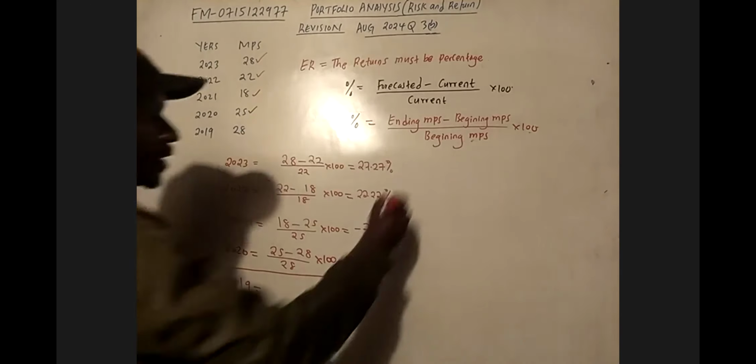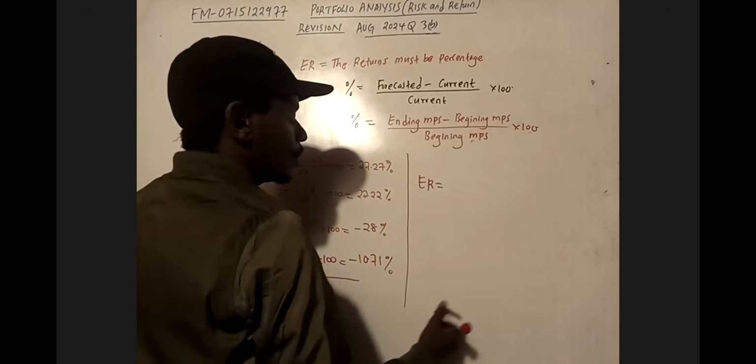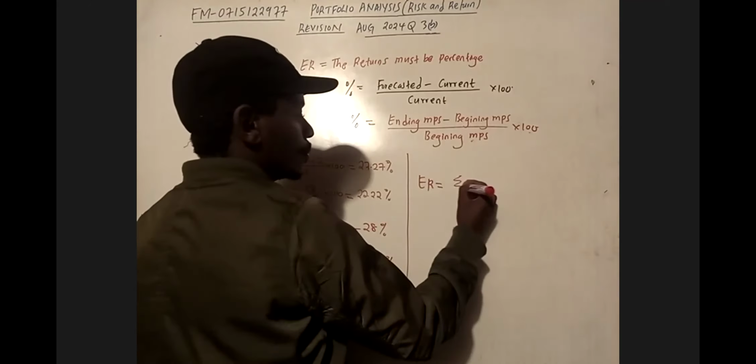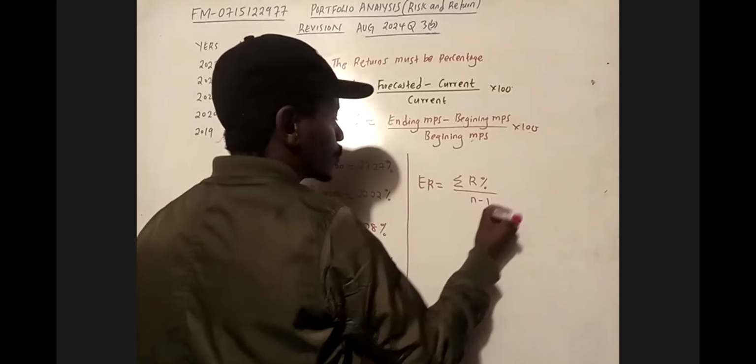So how do we get expected return where we don't have probability? Expected return will be equal to the summation of the returns in percentage, divided by n minus 1.